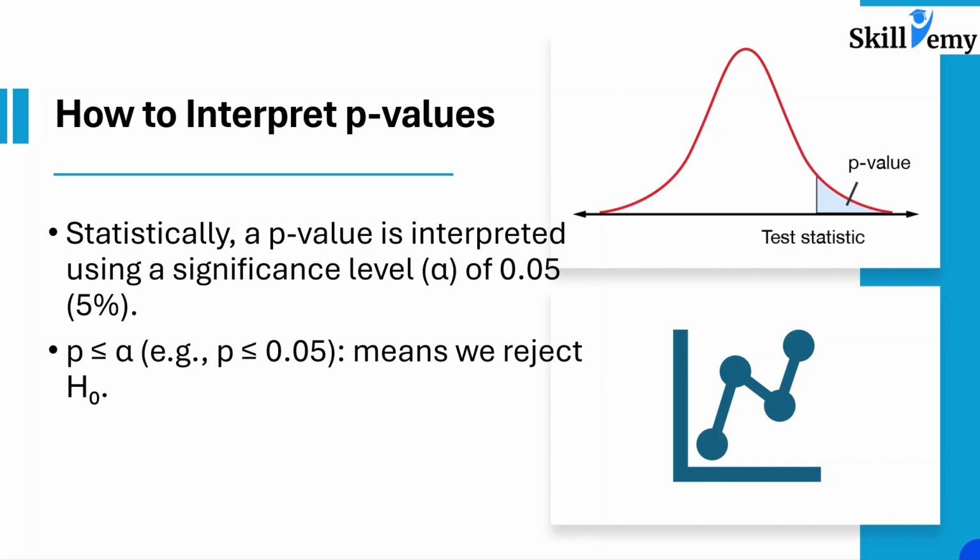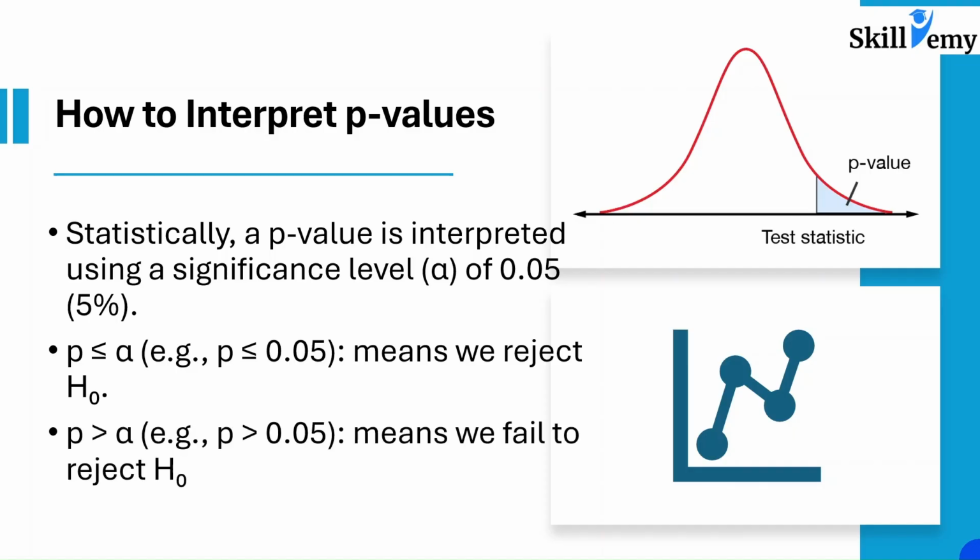And what is our null hypothesis? Our null hypothesis establishes no relationship. So a p-value of less than or equal to 5% means that our result is statistically significant, and we reject the null hypothesis because it establishes no relationship.